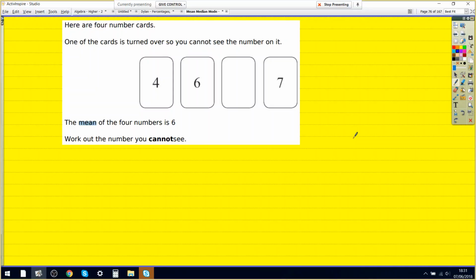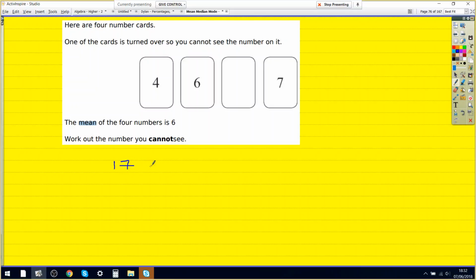The mean of these 4 numbers is 6. Work out the number you cannot see. How do we do that? You would add them all up, so that'd be 4, 10, that'd be 17.